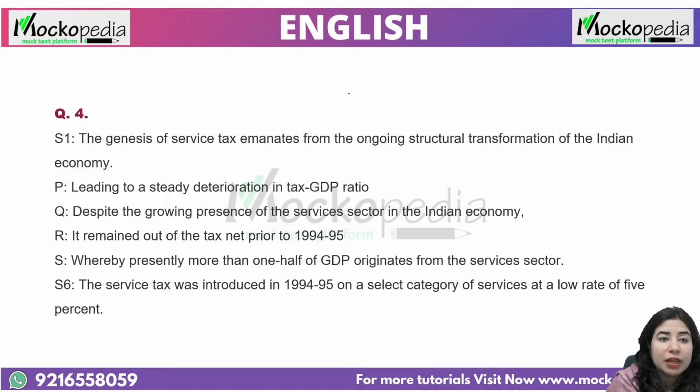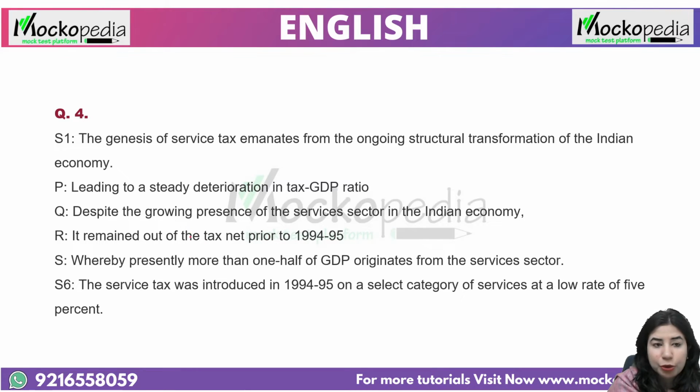So let's try. The genesis of service tax emanates from the ongoing structural transformation of the Indian economy, leading to a steady deterioration in tax GDP ratios. Despite the growing presence of the service sector in the Indian economy, it remained out of the tax net prior to 1994-95.